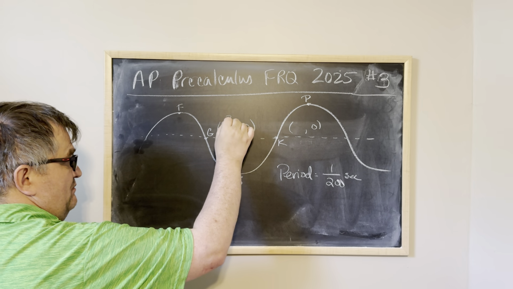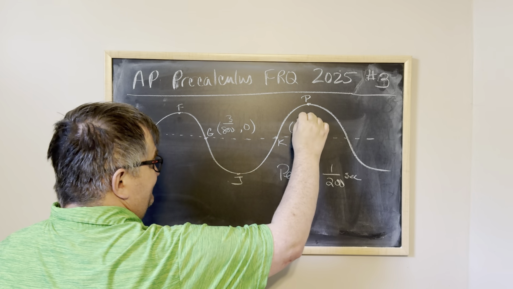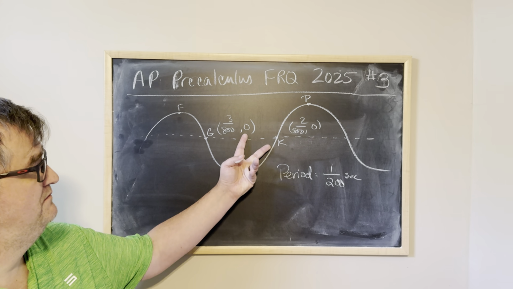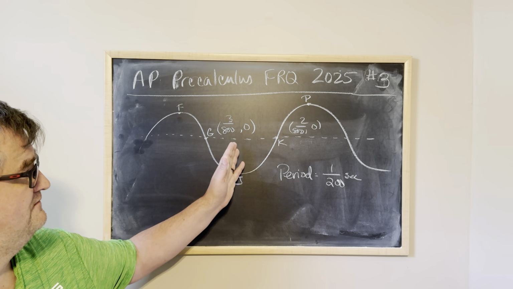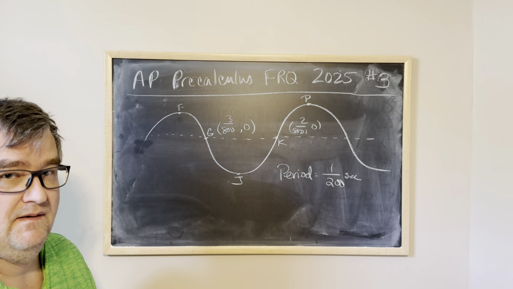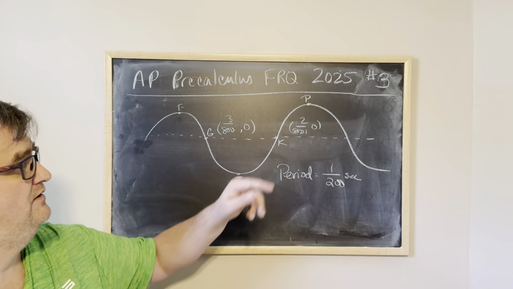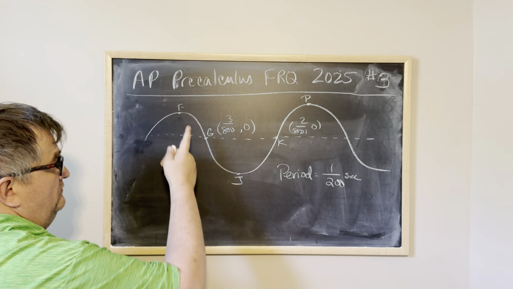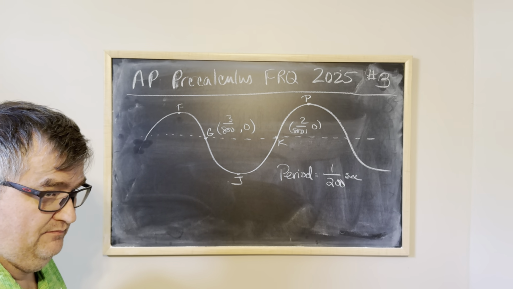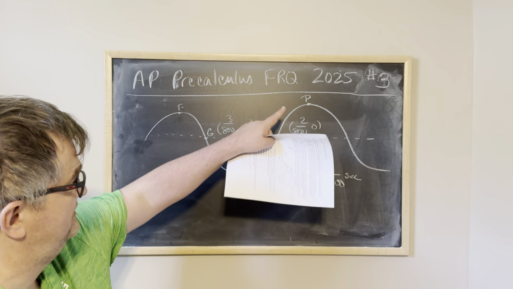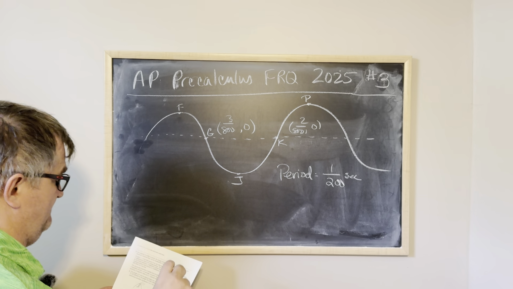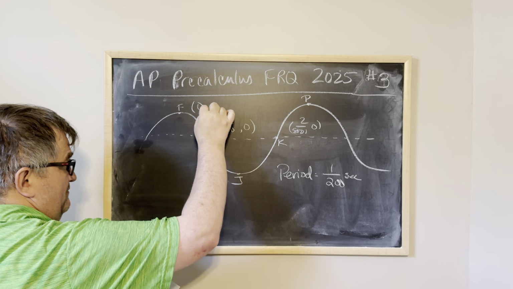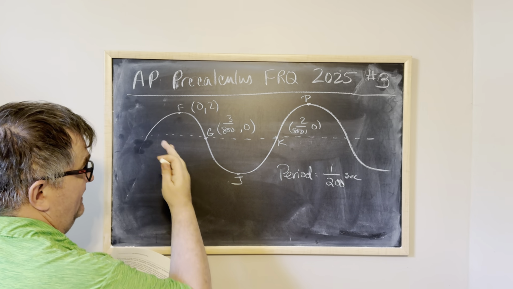So I can make the proposition that that is a possible coordinate. 3 over 800, 0, and all that. Thusly, we know, because this repeats, we know we can say this can be 0, 2, because you're moving this way.